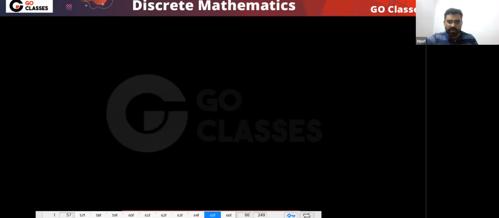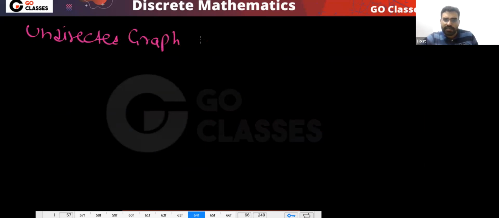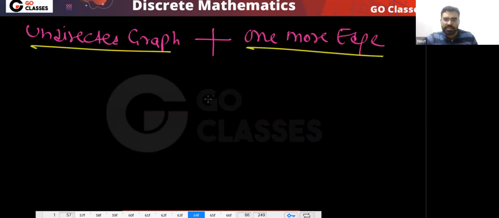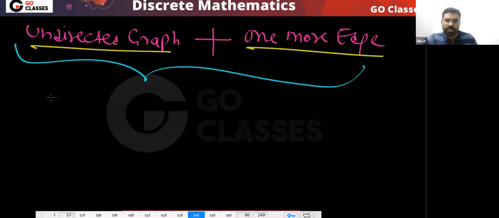Remember what we are doing: you have an undirected graph, and you are adding one more edge, only between existing vertices. If you do this, what can you say about the number of components?